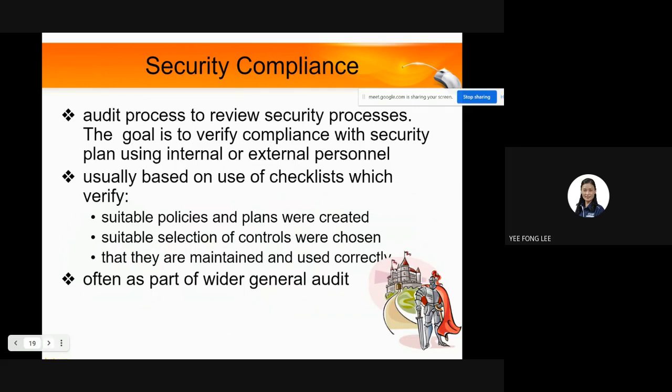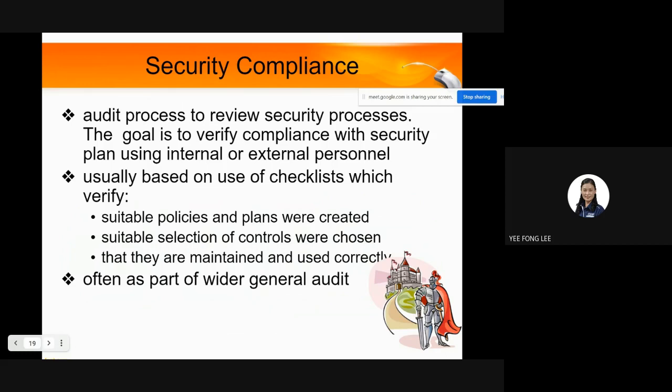Security compliance checking is an audit process to review the organization's security processes. What is the goal here? To verify compliance with the security plan.